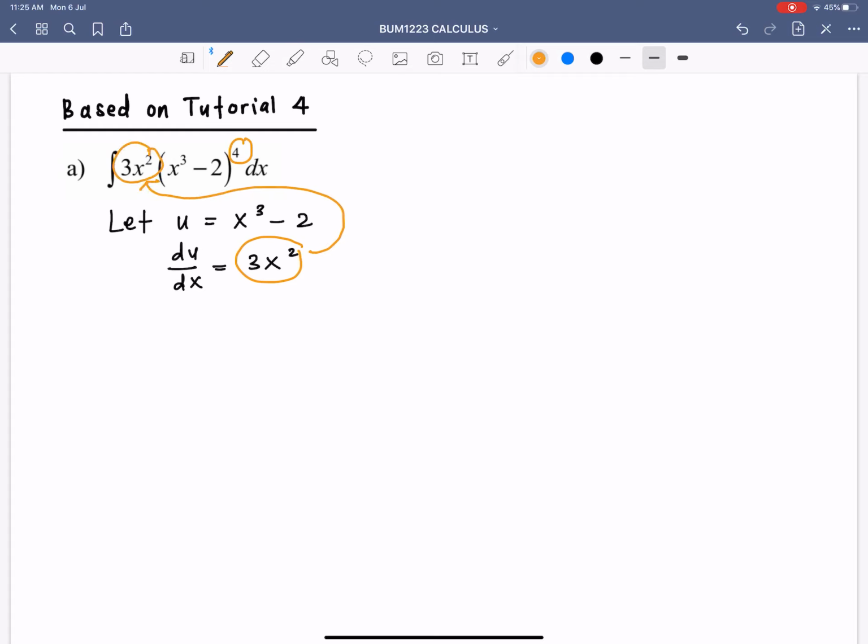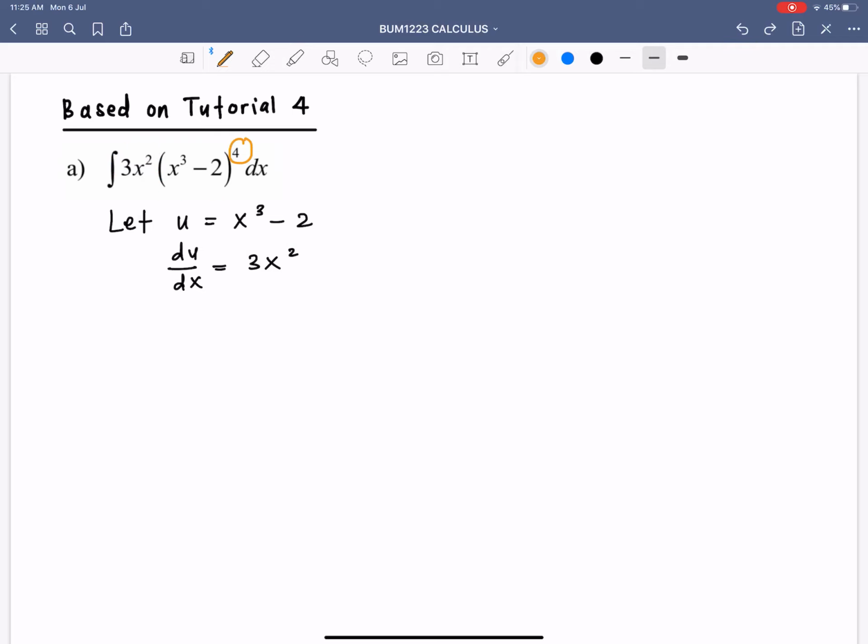Okay? So it gives a clue that our choice of u is most probably correct, but we still have to check later. If you are able to transform this part to a simple integral in terms of u only, that means the choice of u that we made here is correct.